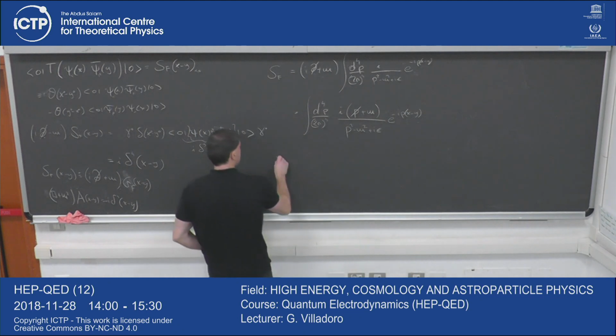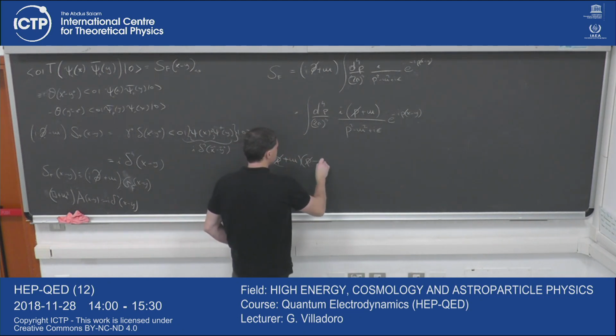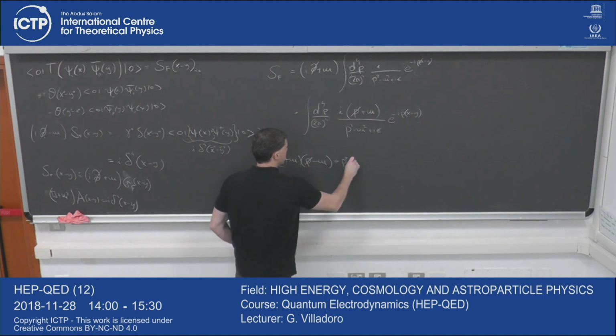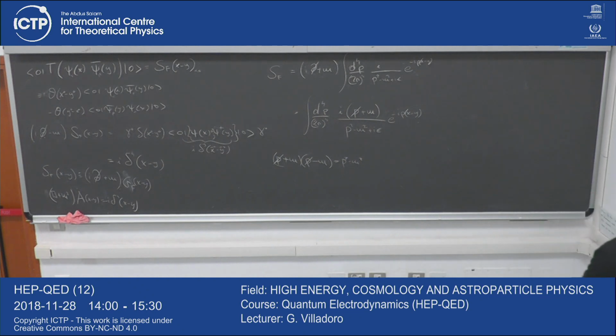So if you use the relation p slash plus m times p slash minus m equal to p squared minus m squared, right? Because p slash squared is equal to p squared.